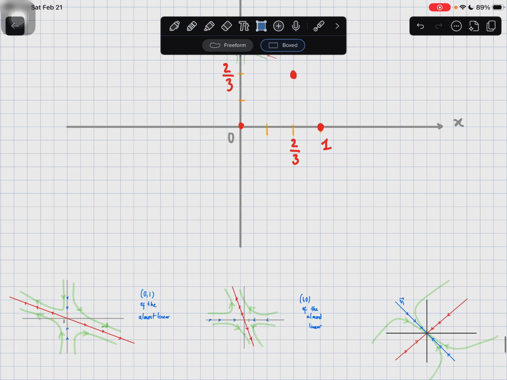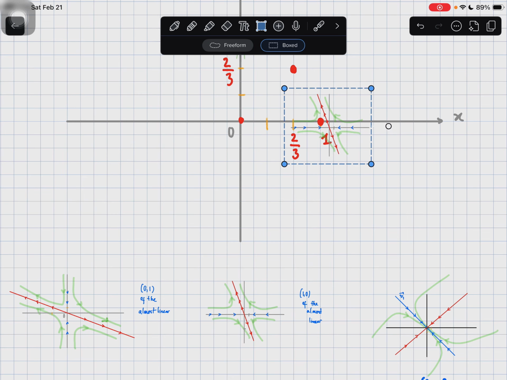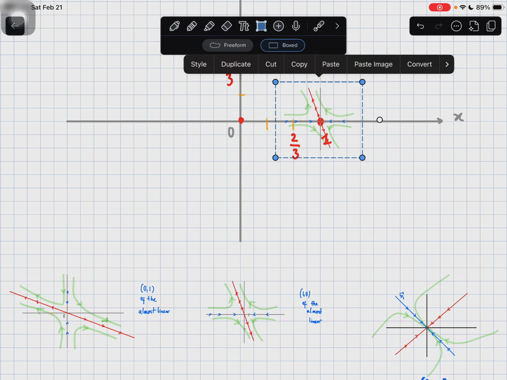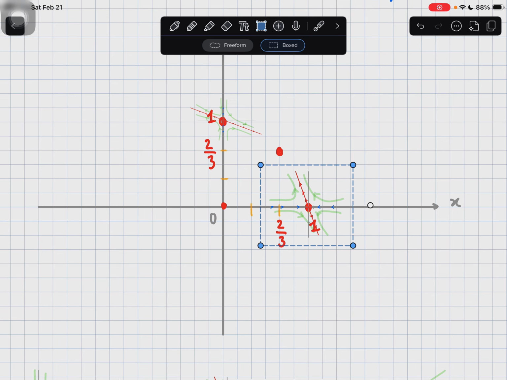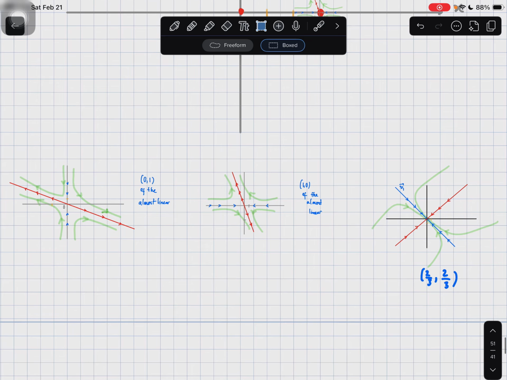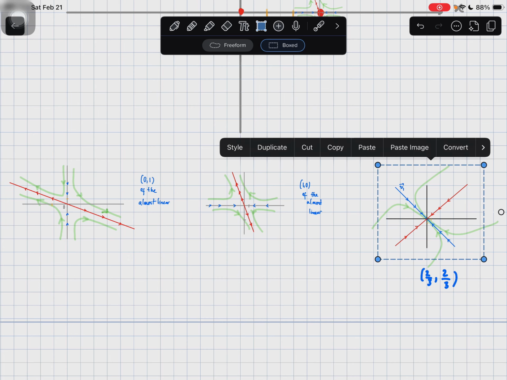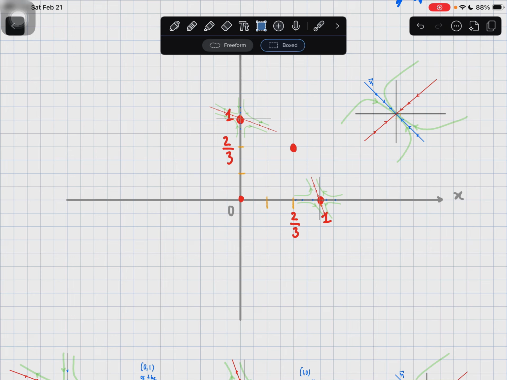Around 1, 0, you make it look like this. Around 2 over 3, 2 over 3, we make it look like this.